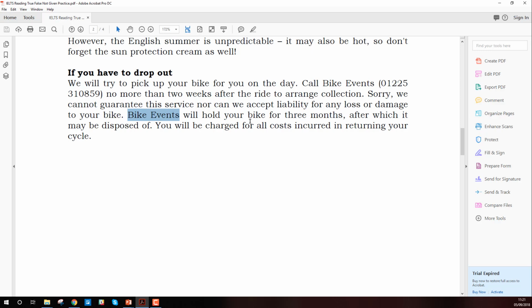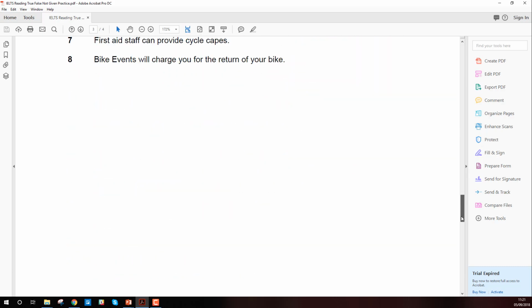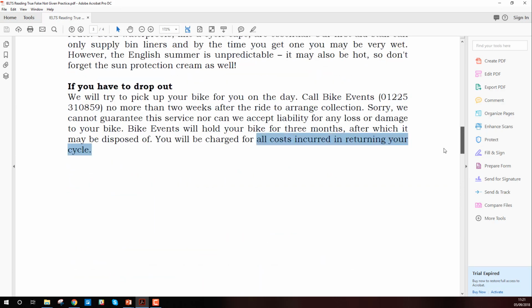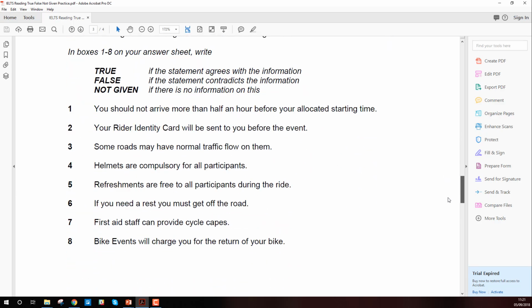You will be charged for all costs incurred in returning your cycle. Bike events will charge you for the return of your bike. All costs incurred in returning your cycle. Pretty much exactly the same. Bit of synonym work there, but pretty much exactly the same. True, move on, keep going.